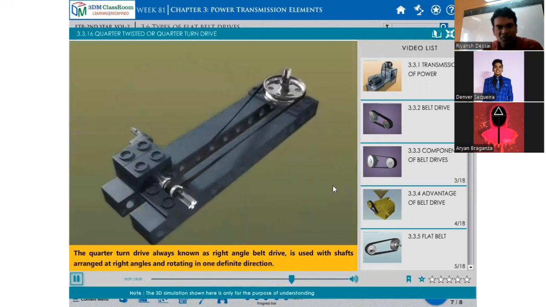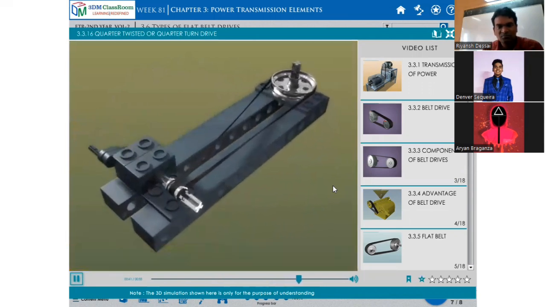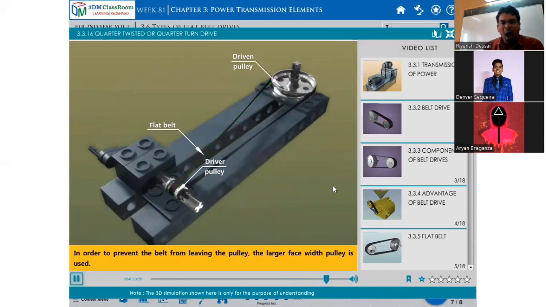So this rotates in this direction. Driver pulley, driven pulley, flat belt. In order to prevent the belt from leaving the pulley, a larger face width pulley is used.